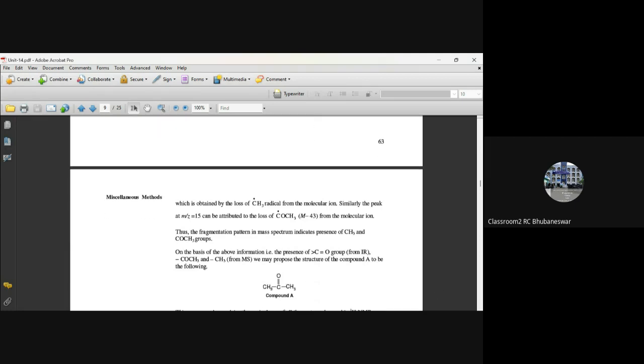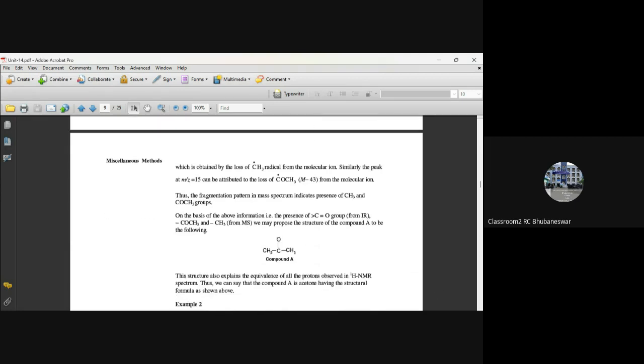So eventually you are going to get a compound like this, where you can now think easily: here three protons are there, here three protons are there, total six protons, and both have a similar environment.